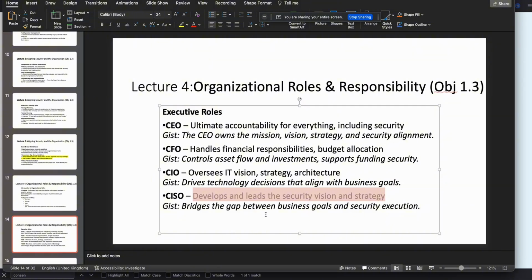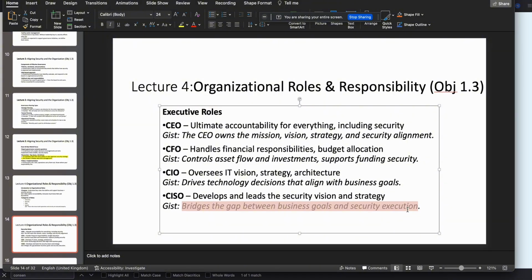It could be tactical planning, operational planning, or strategic planning. The CISO is the one who decides and implements this. How do they do this? They bridge the gap between business goals and security execution. So it could be possible in your ISO 27001 audit or SOC audit, you need to implement some control, some access control.